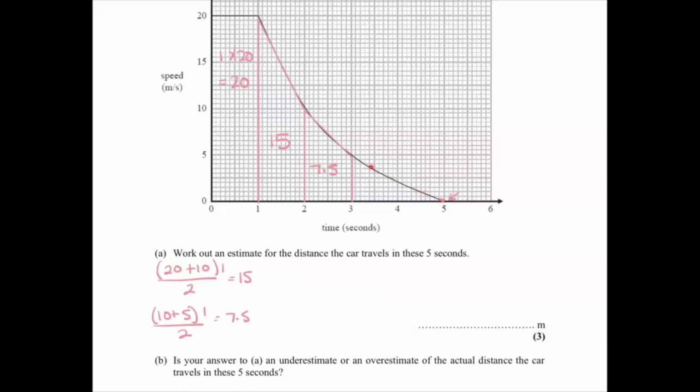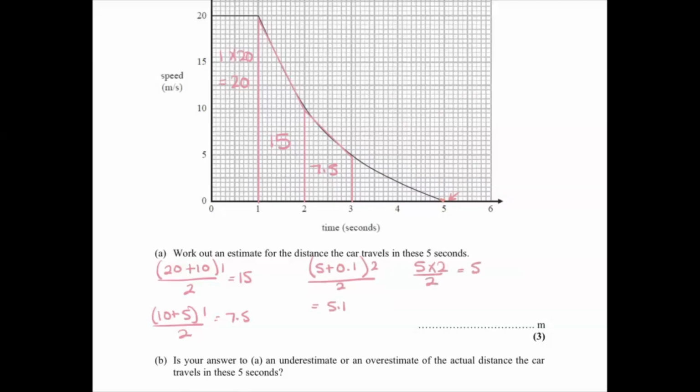I could see this as a triangle, and I could work it out using a triangle, or I could just use a very small value for my trapezium, like 0.1, and continue using a trapezium. I'm actually going to do both so that you can see the maths.